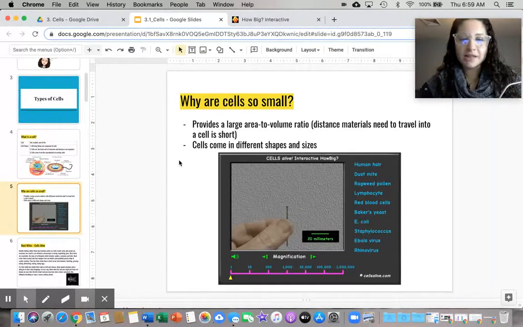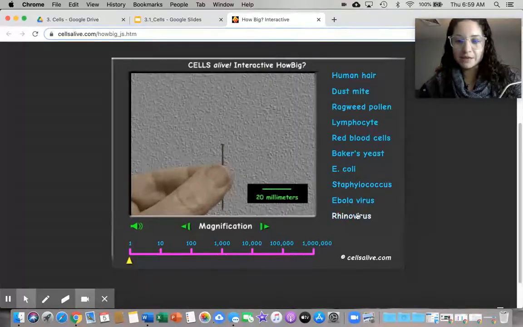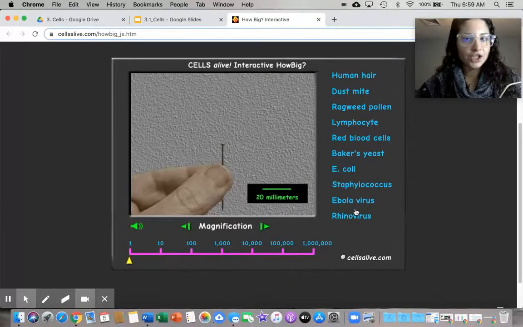And then the other part of this is that cells come in different shapes and sizes. This is a link if you want to go look at it in your own time. Basically, we're going to go through and look at all these different types of cells, look at the size, look at the shape, and talk about the function of these different types of cells. I'm going to zoom in.